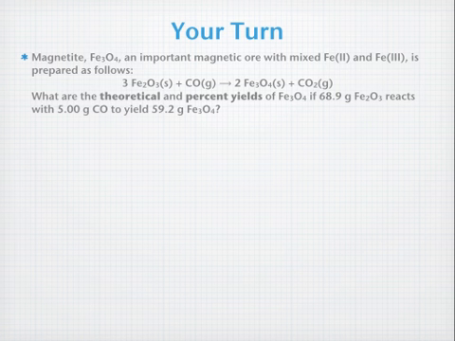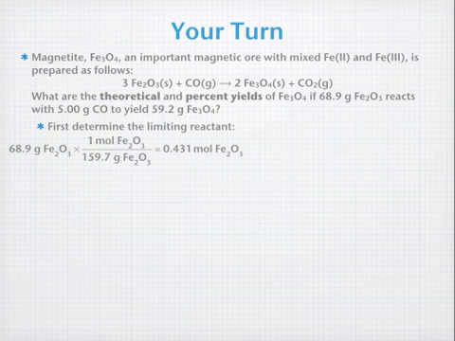Okay, so you're back. So let's see, we have iron(III) oxide and carbon monoxide making magnetite, which is a mixture of Fe2+ and Fe3+, and carbon dioxide. First, we have to determine the limiting reactant.